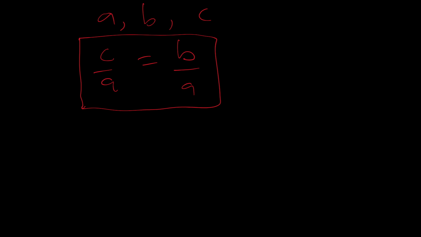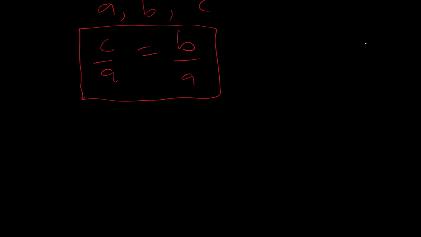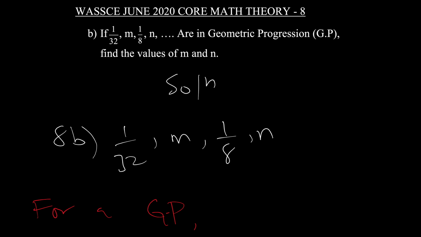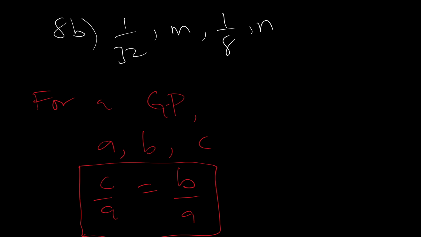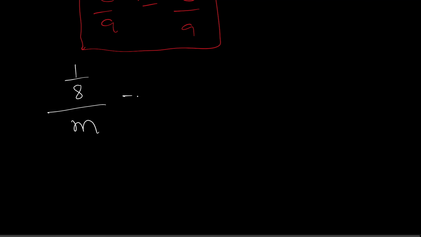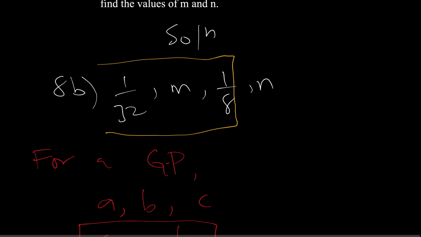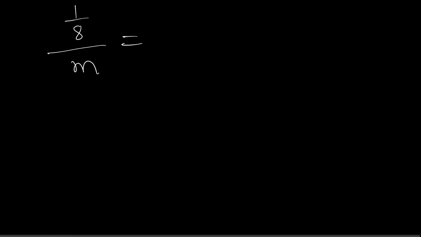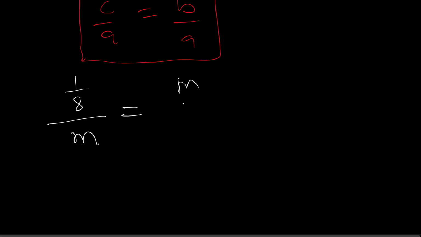So in this case, we can say that 1 over 8 divided by m should be equal to m divided by 1 over 32.